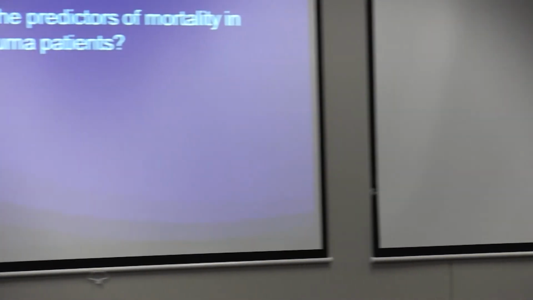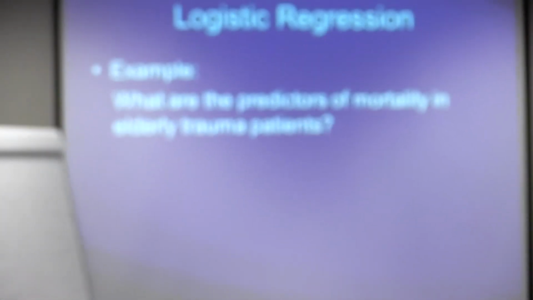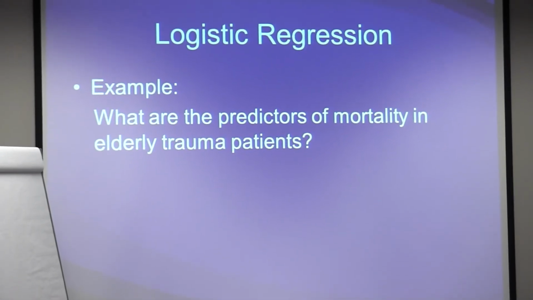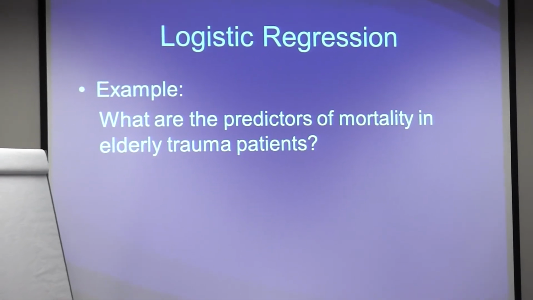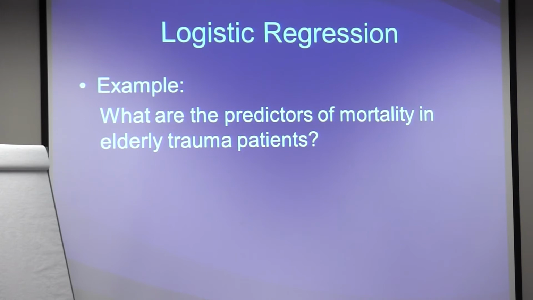So one example would be, what are the predictors of mortality in elderly trauma patients? And again, I borrowed this from a study that I worked on a few years back of Dr. Bradburn's, and I took a lot out of it.